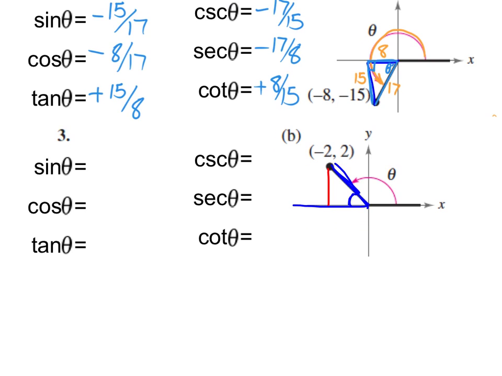This one, however, I actually can use the unit circle for. Can someone tell me why I could use the unit circle for this one? Because it's just twice the unit circle. It's 45 degrees. How do you know it's 45 degrees? Because it's -2, 2.